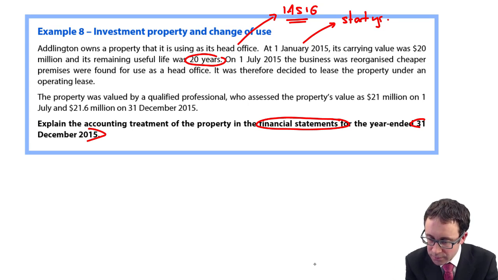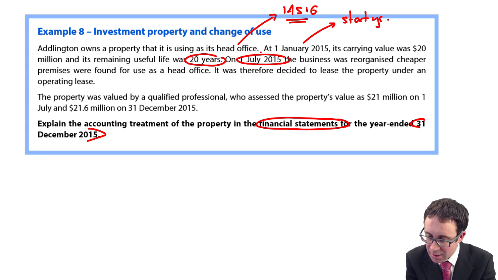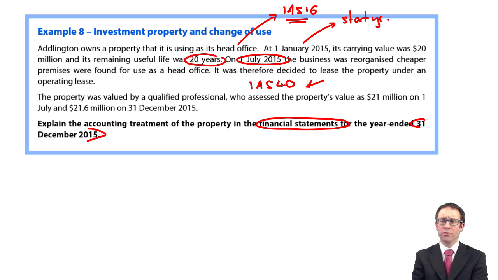But just note, on the 1st of July 2015, so halfway through the year, the business was reorganised and cheaper premises were found for use as a head office. It was therefore decided to lease the property under an operating lease. So what you have there is halfway through the year, it is now IAS 40 investment property.